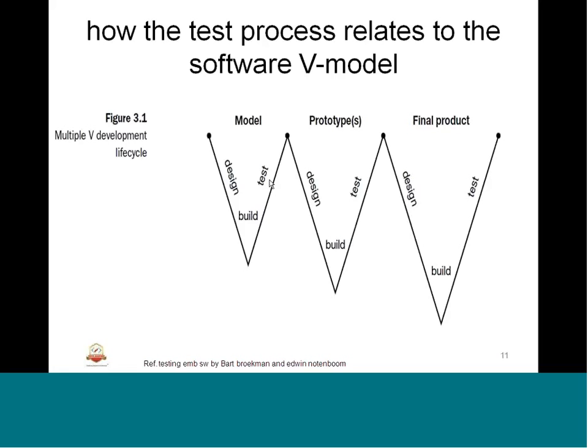Basically the test process involves a lot of test activities. There are many test design techniques that can be applied, test levels and test types that must be executed, and test related issues that require attention. The multiple V model assists in structuring these activities and issues.